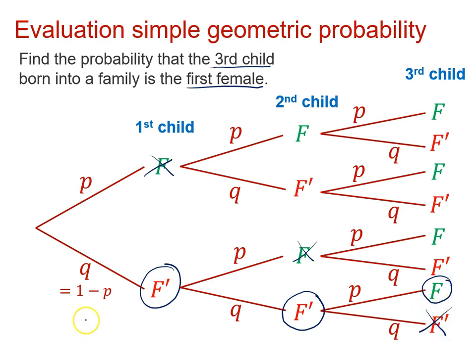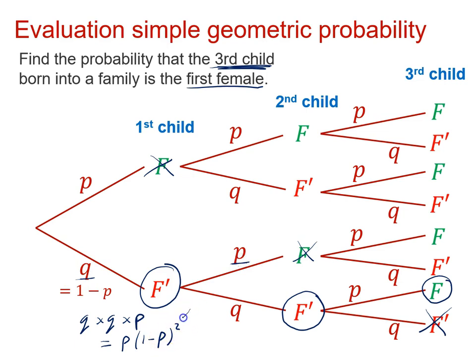So the probability of that is q times q times p, which is p times (1 minus p) squared. Note that if we were looking whether the second child was the first female, we would have a single q and a single p.